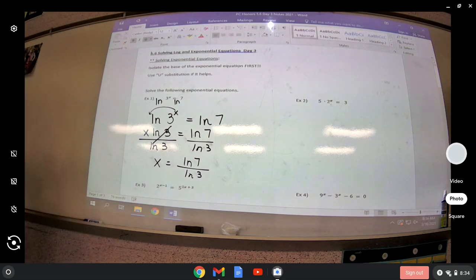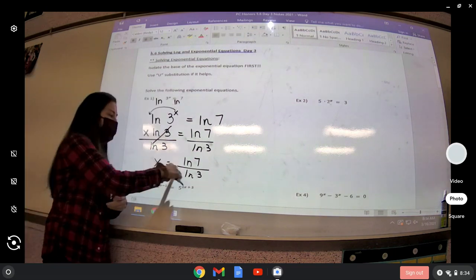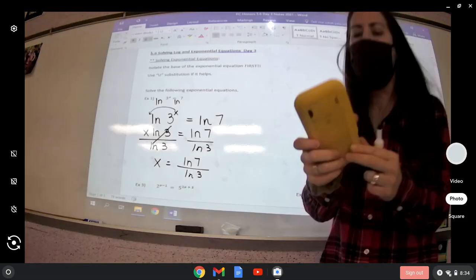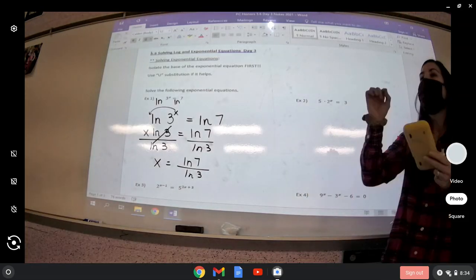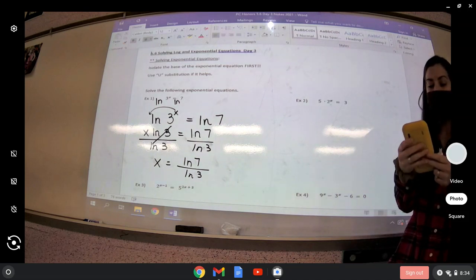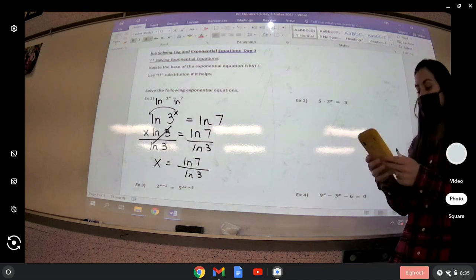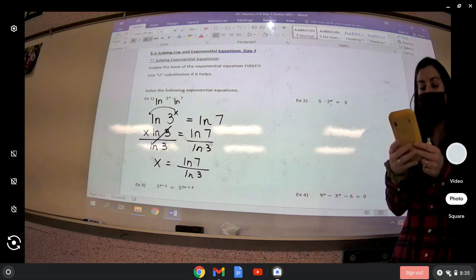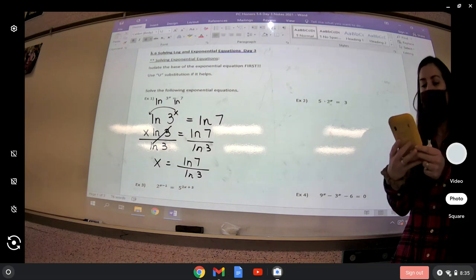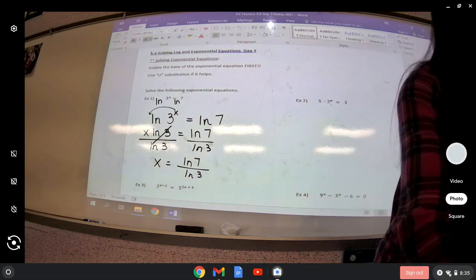So that's your exact answer. The missing exponent you need is the natural log of 7 divided by the natural log of 3. I think your homework asks for the exact answer and then the rounded answer. So if you asked your calculator what's the natural log of 7, but close the parenthesis, divided by the natural log of 3, you get 1.77-ish.